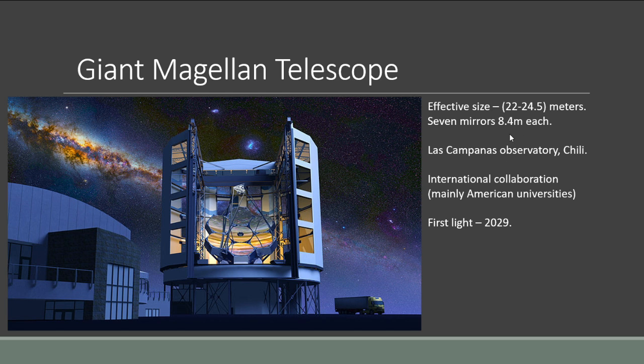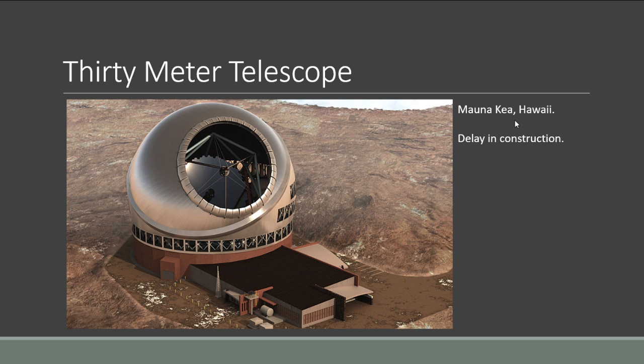So such 8.4 meter mirrors are now working on, for example, the Large Binocular Telescope, and here they'll work together, 7 mirrors as one instrument. Another telescope, which is still, unfortunately, at the stage of not even construction but planning, is the 30-meter telescope.